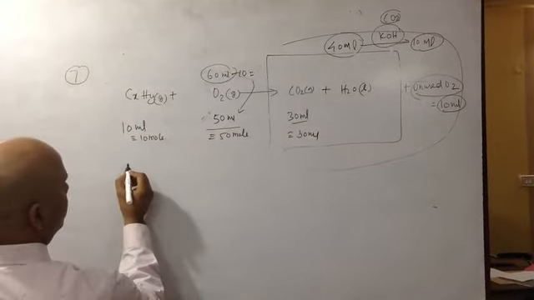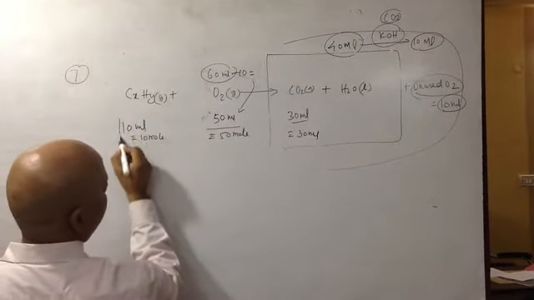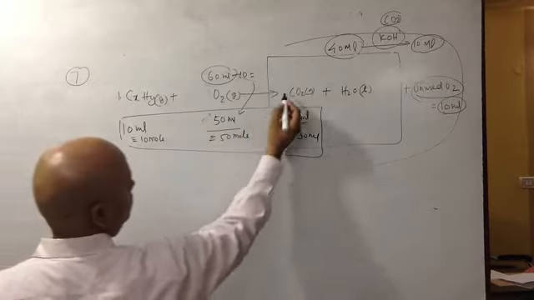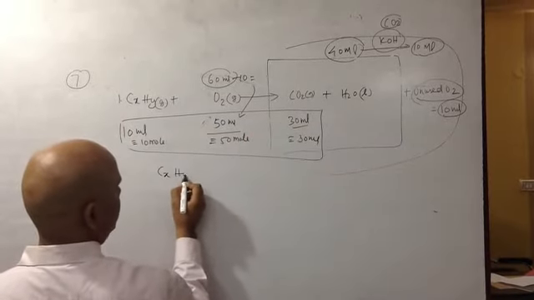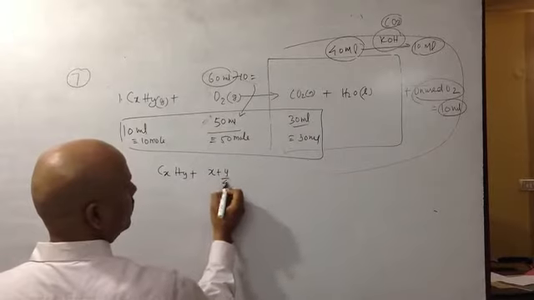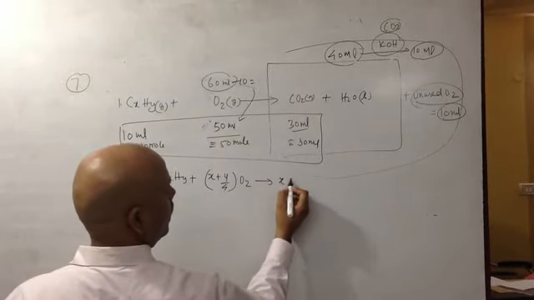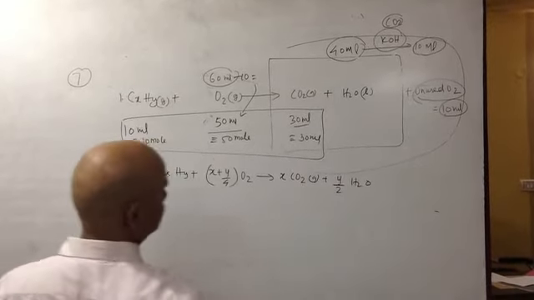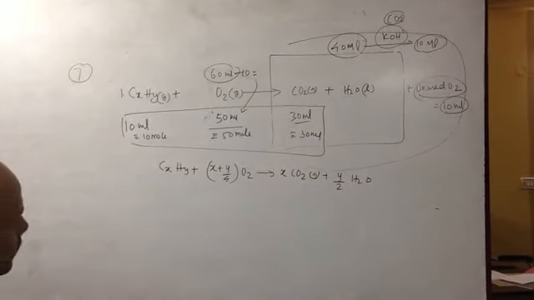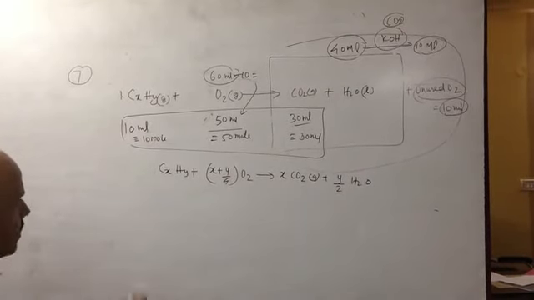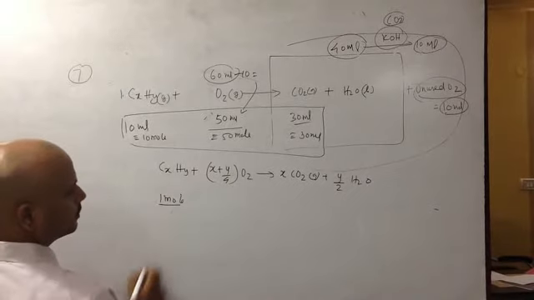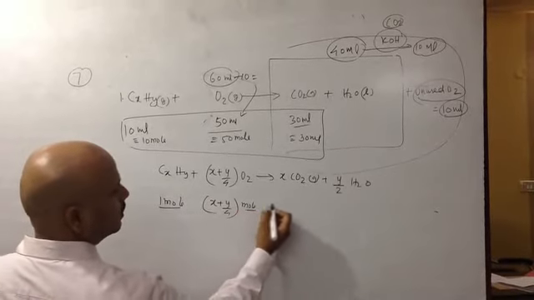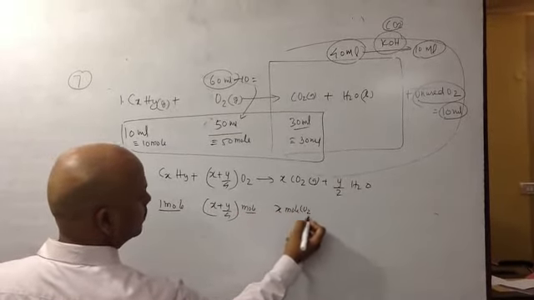Okay. Now we can solve this problem here. This is the information given. What is the question? This one. Let us balance this equation. CxHy plus (x plus y by 4) O2 gives x CO2 and y by 2 H2O. Now we have 1 mole of hydrocarbon reacts with x plus y by 4 mole of oxygen and produces x mole of CO2.